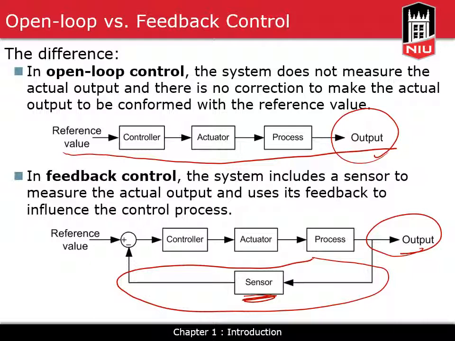The variable that we want to control is the temperature in the room. The actuator is the AC system. So the controller tells the AC to turn on or turn off or how long to work, and the AC system applies that to the process, so changes the temperature in the room.